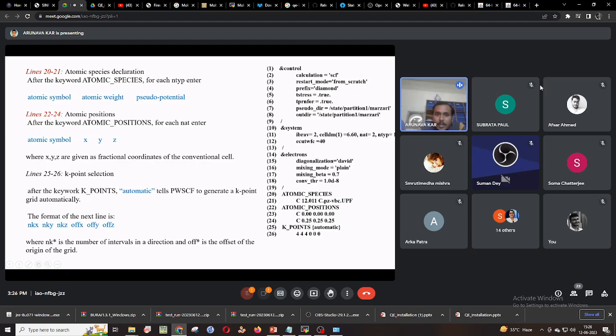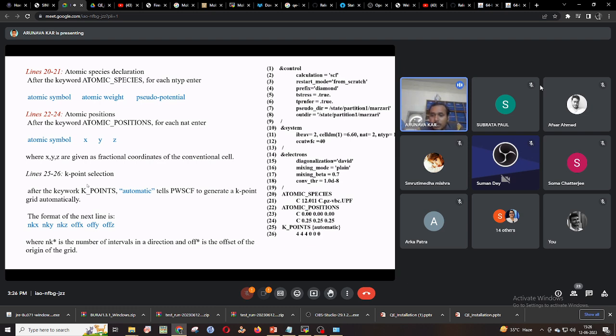Now the K points, as we know, this calculation should be done in the first Brillouin zone. So we need to provide the amount of K points we need to consider for the calculation.